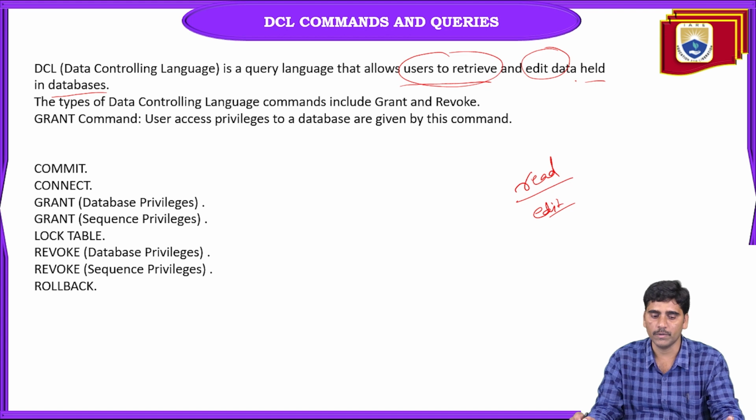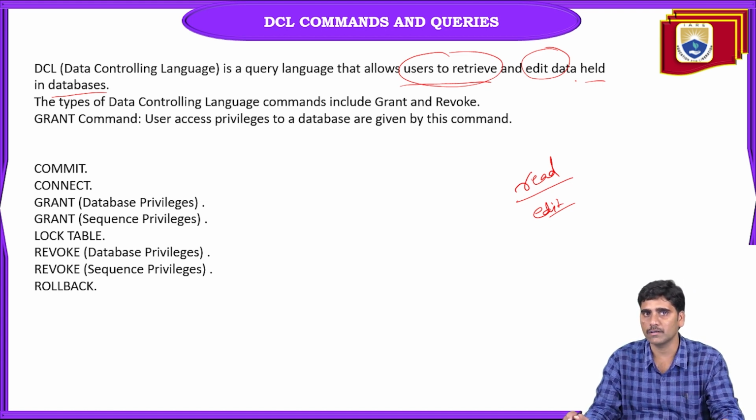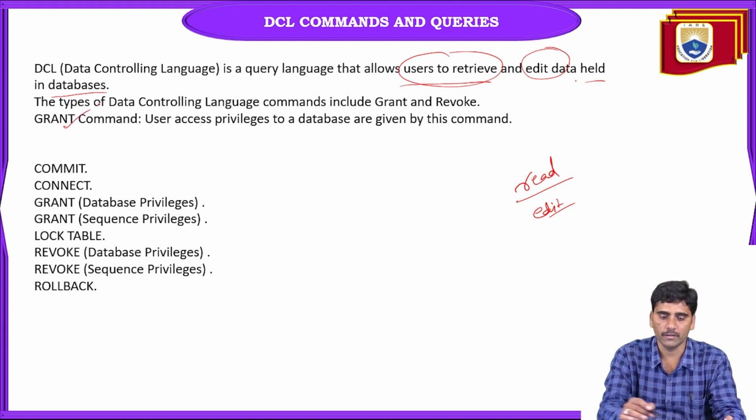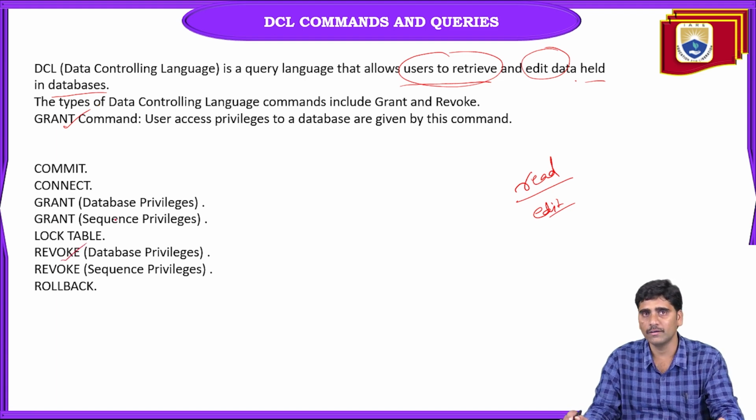There are different types of commands, but the commands that are particularly popular in databases are the grant and revoke commands. So what is meant by the grant command? The grant command gives the privileges to access.